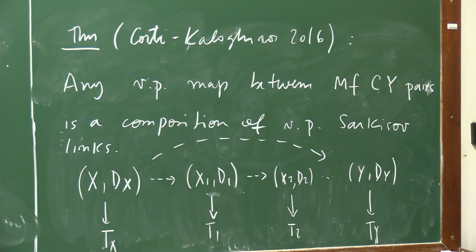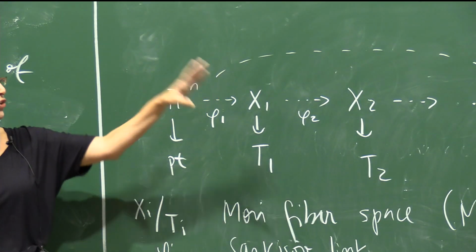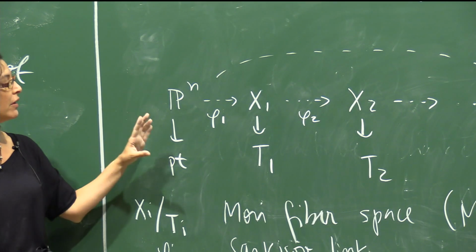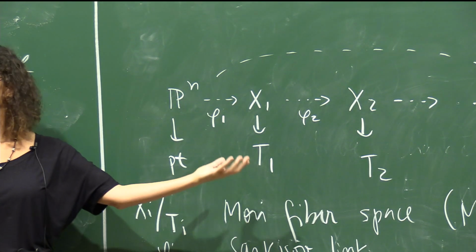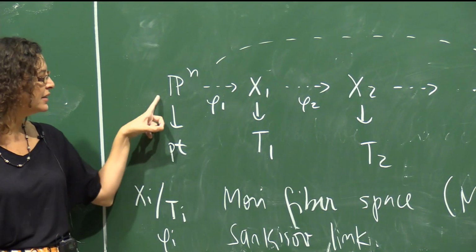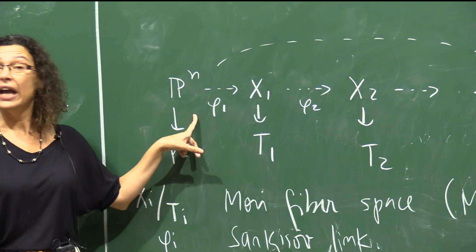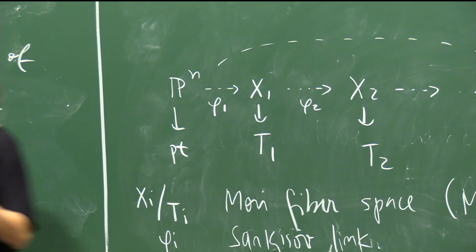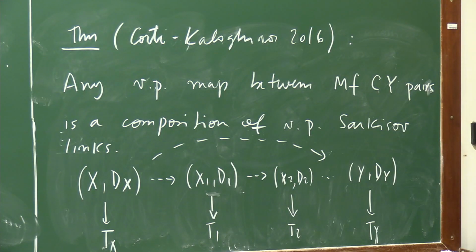For instance, if you want to use this theorem to study the Cremona group, the birational maps of Pn, so you want to study all the birational self-maps of Pn, in order to apply this theorem, you would need to understand all the Sarkisov links starting from Pn. And this is not classified starting in dimension 3. So let me put it as a remark.